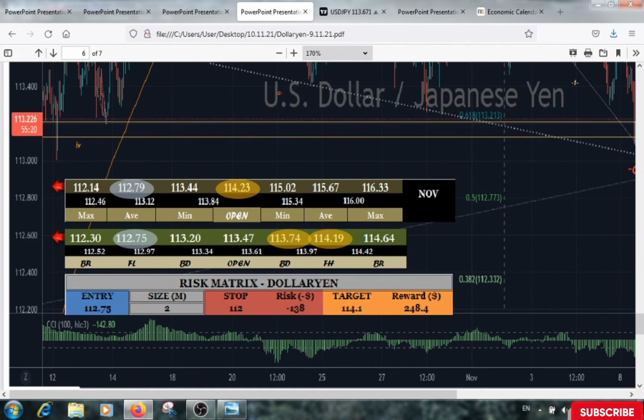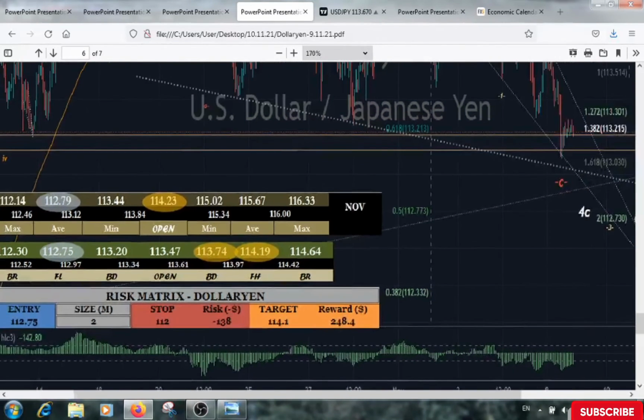Now, in actual swing trade planning, the academic approach would indicate that we're going to target 114.1 and we're entering only at 112.8, and we're going to be rewarded by $250, $248, 2.5% of your 10K account. Sounds good, sounds excellent.